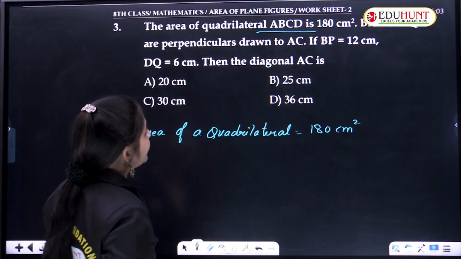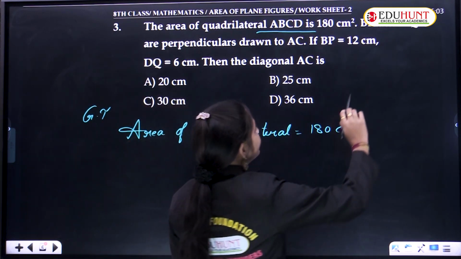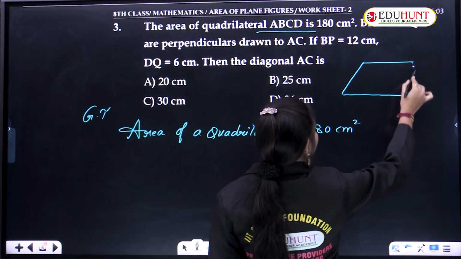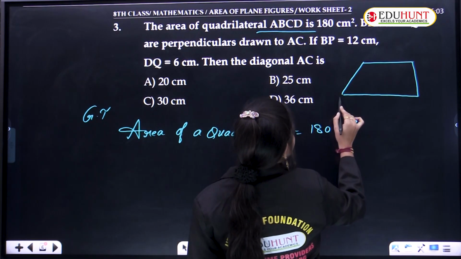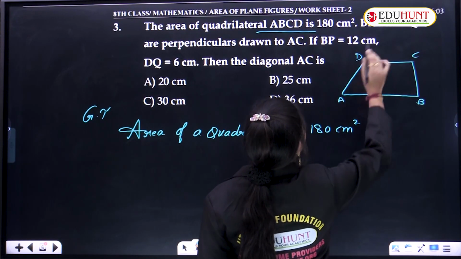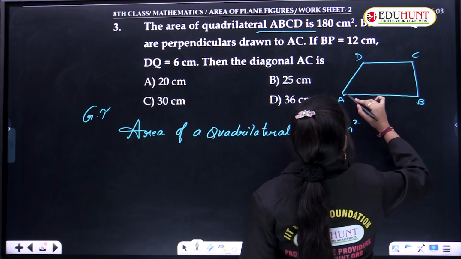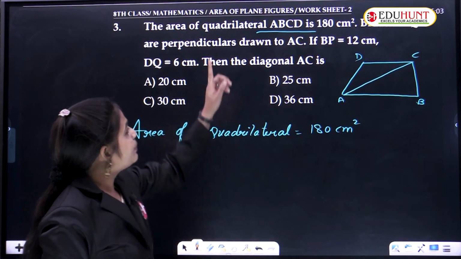Whenever they give that BP and DQ are perpendicular, first draw the diagram here. This is a quadrilateral, ABCD. BP and DQ are the perpendiculars drawn to AC, which means AC is a diagonal.